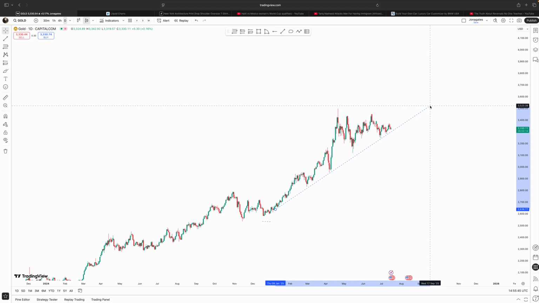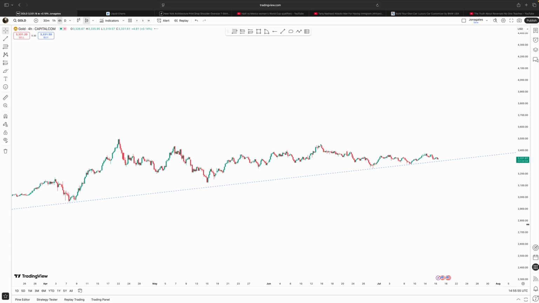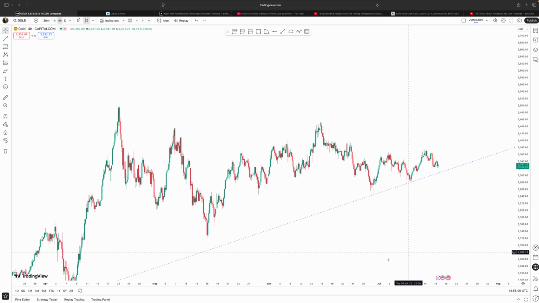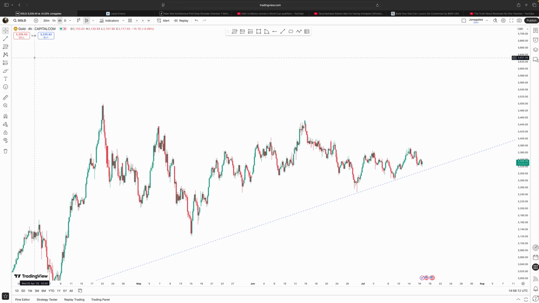Once I'm done marking it for the daily time frame, now I'm going to go down to the 4-hour time frame. Okay, this is the 4-hour time frame. So what else am I going to do right now to see where I want to buy? I want to pinpoint my direction, where I personally want to buy. All right, so this is what we're going to do. I'm going to start marking it as well.